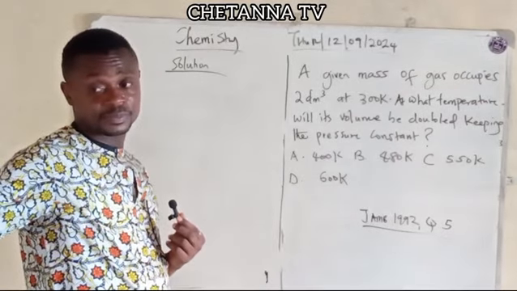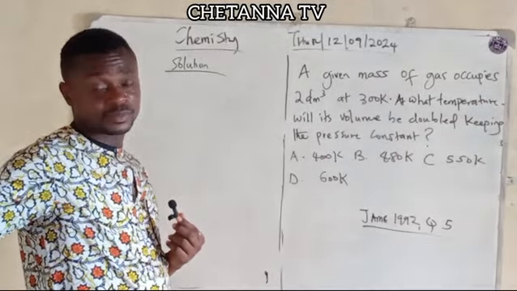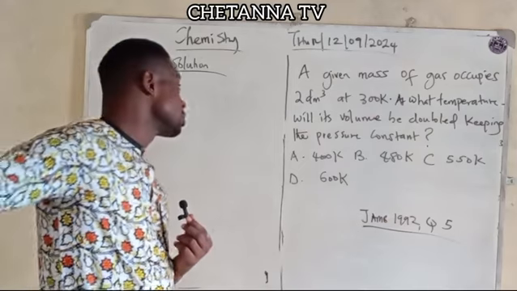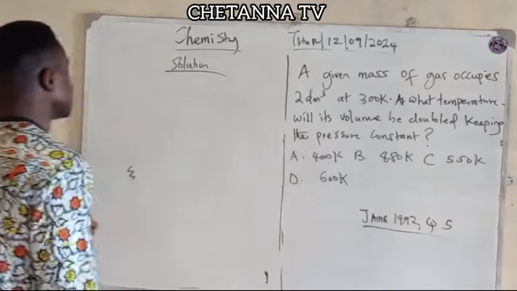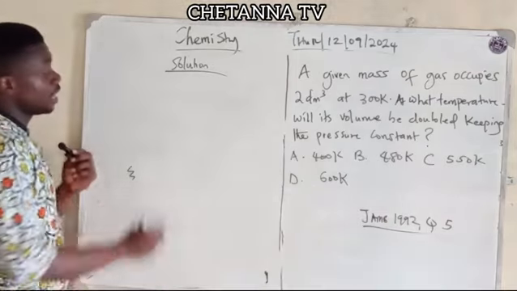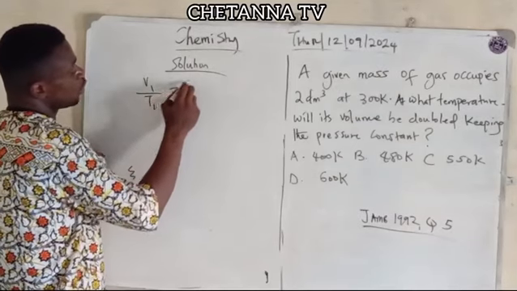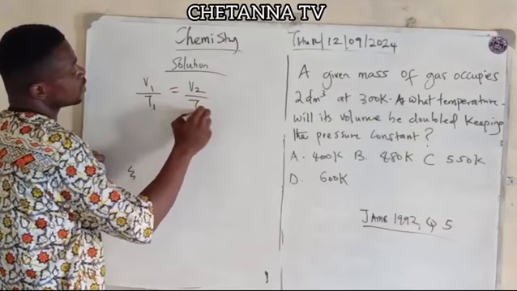Gas law. Good. Pressure is constant. The volume and temperature vary. So solution: we have already established Charles' law as V1 over T1 is equal to V2 over T2.